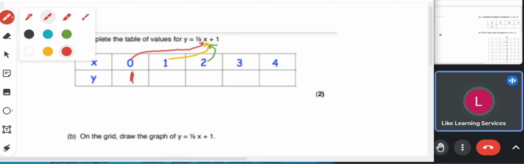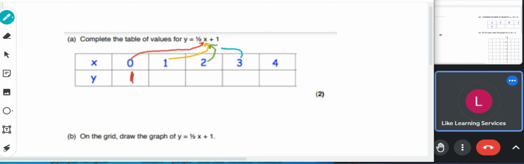You do the same thing for 1. They're all replacing x, times half plus 1.